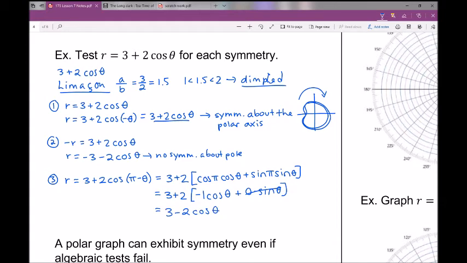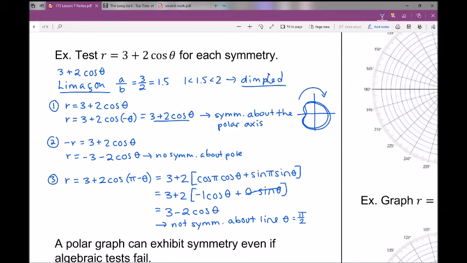And so what we've arrived at is an equation that looks really similar to our original, but it's still not quite the same. We have a negative here instead of a positive, so it's not the same equation, and we can say that this is not symmetric about the line theta is equal to pi over 2.